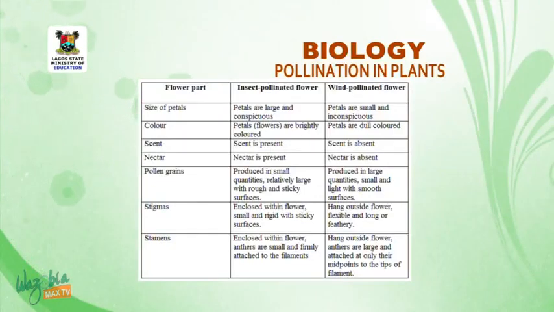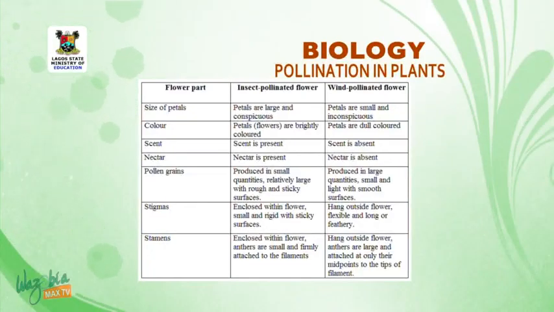Now on the flower part, size of petals. Under insect-pollinated flower, petals are large and conspicuous. Under wind-pollinated flower, petals are small and inconspicuous. Under the flower part, color. Under insect-pollinated flower, petals are brightly colored.